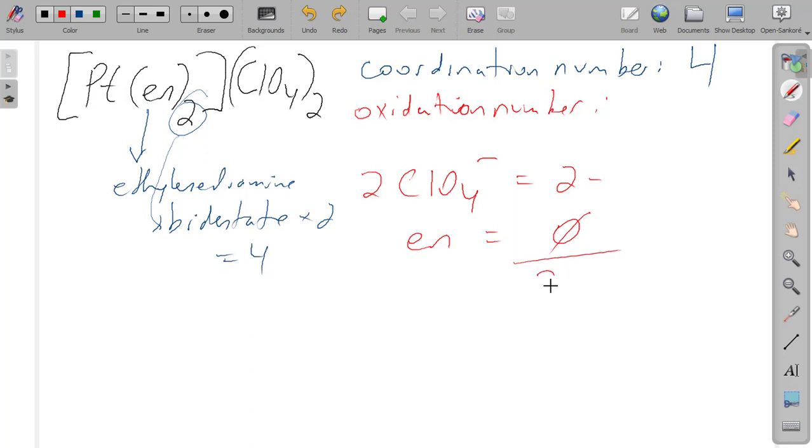So the difference then is 2 minus. So the Pt must be 2 plus to make it 0. So the oxidation state is plus 2. Remember, for charges, you have the number and then the sign, but for oxidation, you must have sign then number. All right, so for B, coordination number of 4, oxidation number of plus 2.